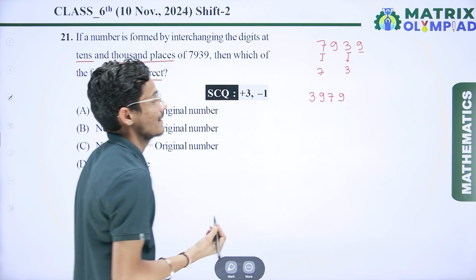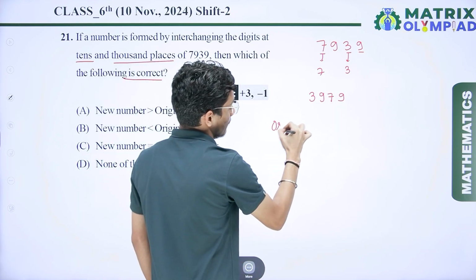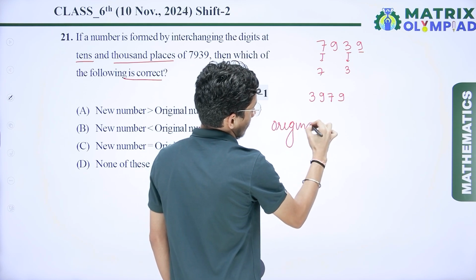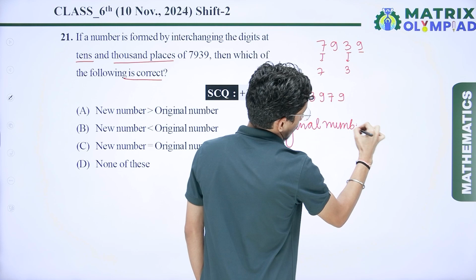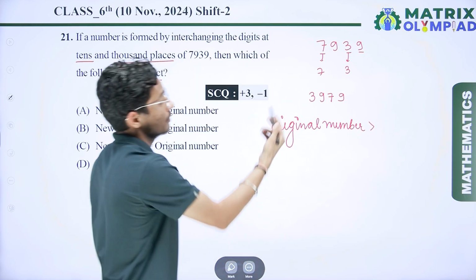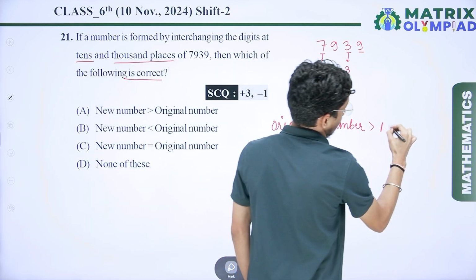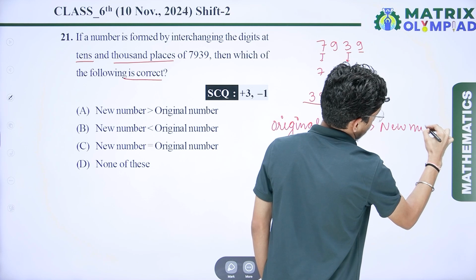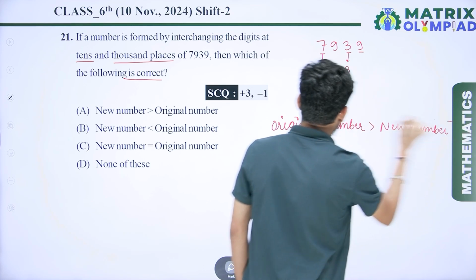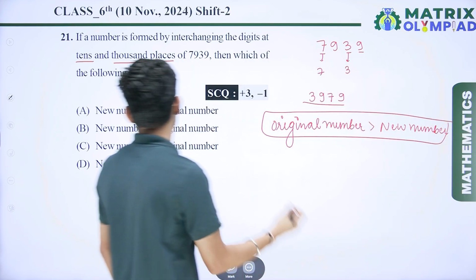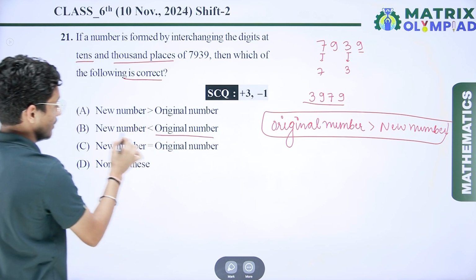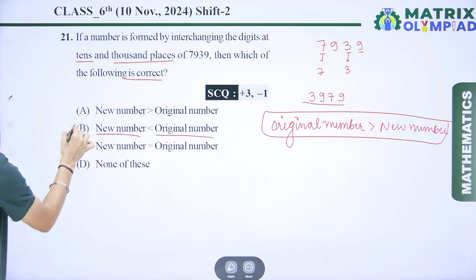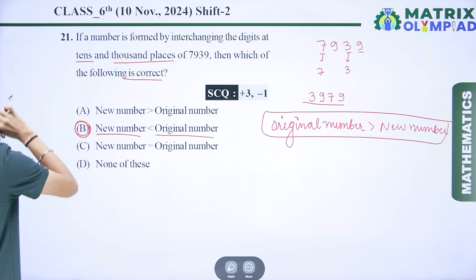So here we can say that the original number is greater than the new number. So check which option is correct here. Original number is greater than the new number. Here option number B is the correct answer.